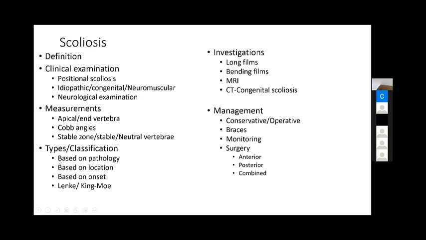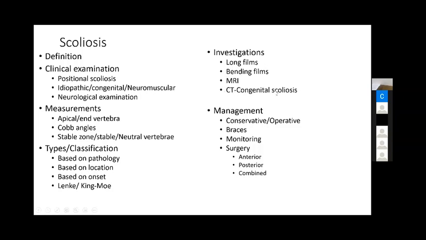Other types of classification are based on pathology, location, and early onset, late onset, juvenile. These are not used at the moment. Mostly it is the Lenke classification. Investigations, we saw them: long film, bending films, MRI scan.